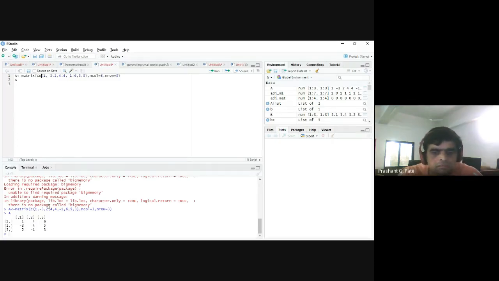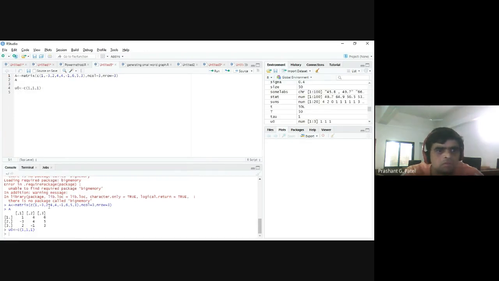We'll start with the first approximation, that is U0. I'm taking U0 as 1, 1, 1. So c(1, 1, 1) is U0. Now we'll find U1 by multiplying with A. How to do the matrix multiplication? This is the command for that: A %*% U0.